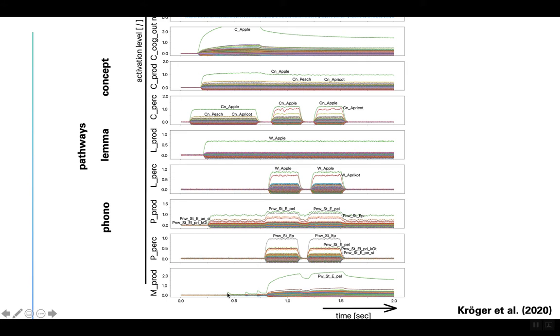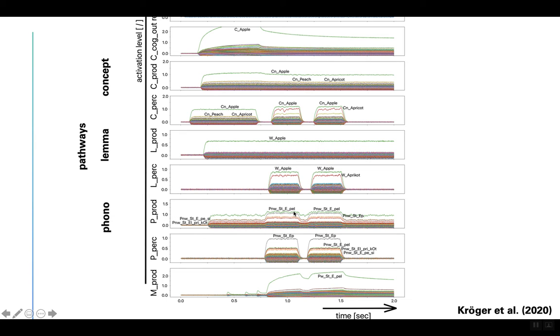activating the correct motor plan. We see it tries to start, some activity starts here, but it is not enough for activating the syllable. And we get a stronger activation of the correct phonological form as a result of this perception-production short path on the phonological level.